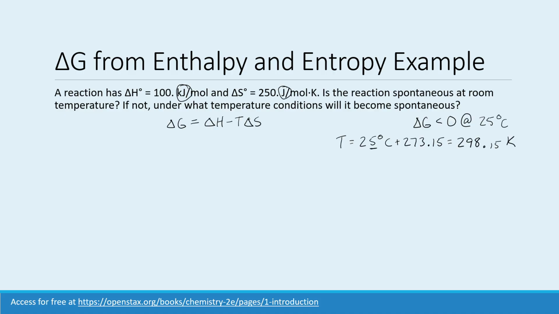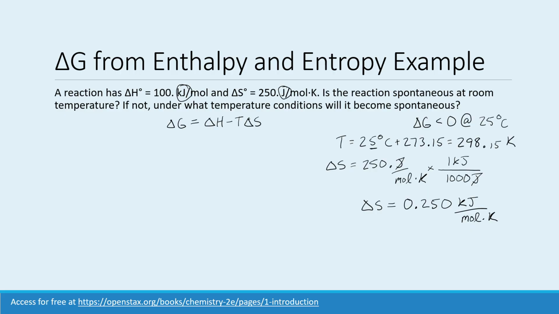So we're going to take that delta S value of 250 joules per mole Kelvin and convert that into kilojoules. So of course 1 kilojoule is equal to 1,000 joules, and so we're going to divide by 1,000. Okay, and so our delta S value is actually 0.250, and now it's in kilojoules per mole Kelvin.